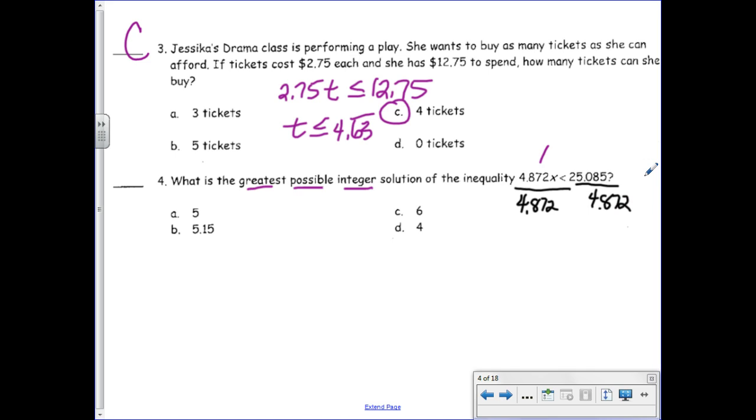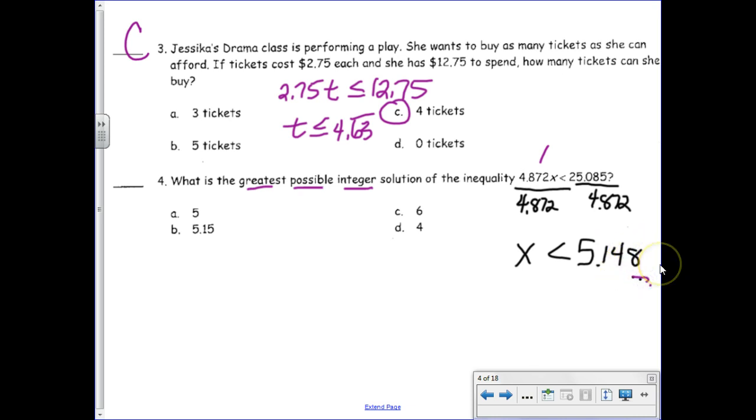When you take 25.085 divided by 4.872, here's what happens. You end up with x on the left, and it's a less than symbol. I didn't have to flip anything because I wasn't dividing by a negative. And then you get this big long decimal, 5.148, and so on.